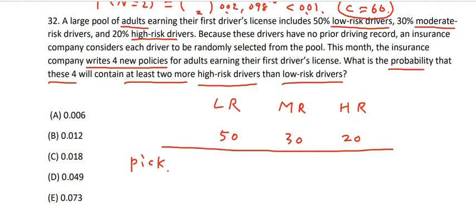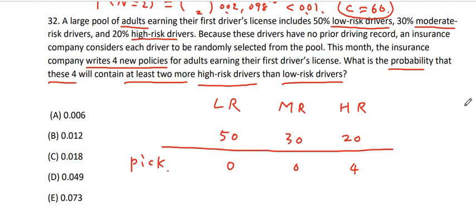We can pick 4, 0, 0. This is one case, right? At least 2 more.